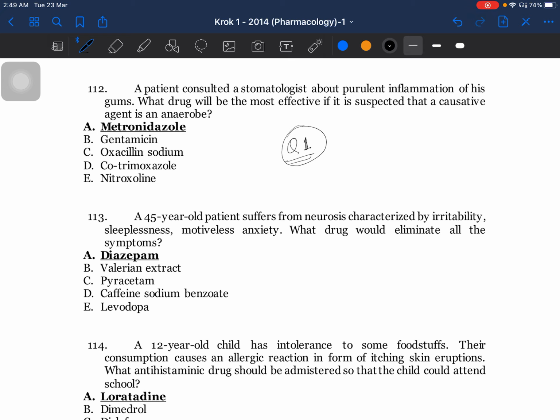There it was amoebic dysentery, and I have already told you that in the case of amoebic dysentery we will give the patient metronidazole, that is basically the drug of choice. And in this question it is given that the causative agent is an anaerobe, so the drug of choice will be the same, it will be metronidazole.